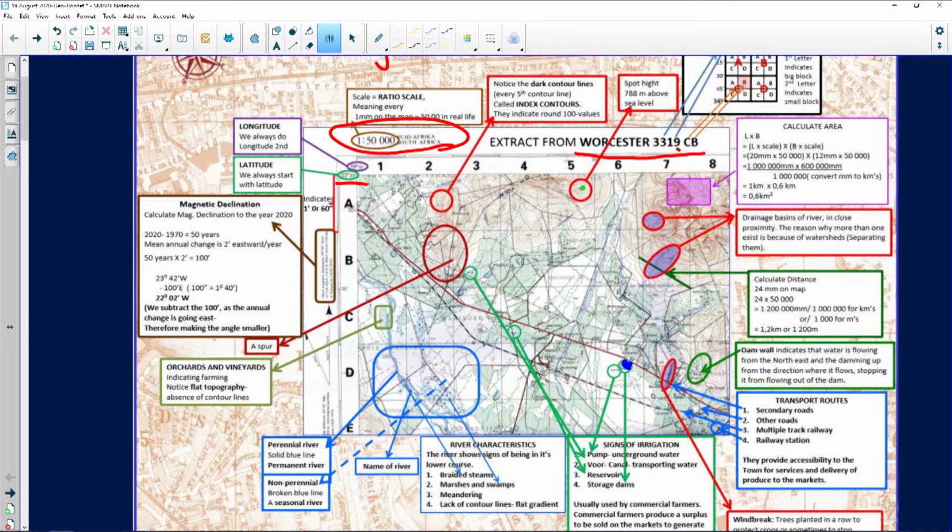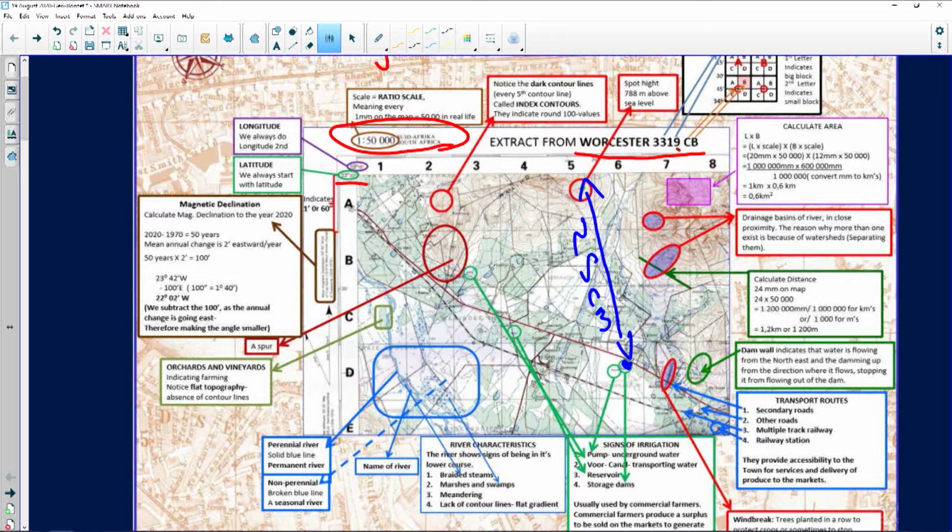Now it's straightforward. Because we're working off the 1 to 50,000 map, you place your ruler in a straight line and you measure the distance between the spot height and the storage dam. Now let's assume the measurement with your ruler comes up with 25 centimeters.